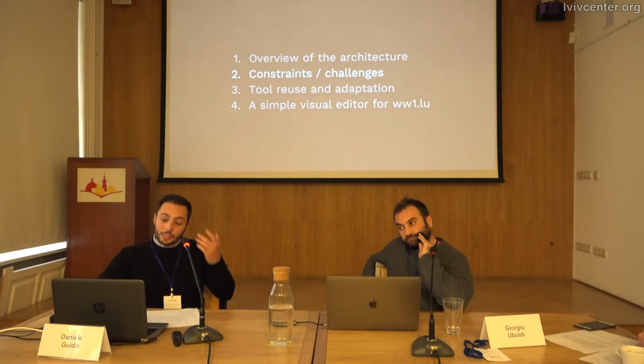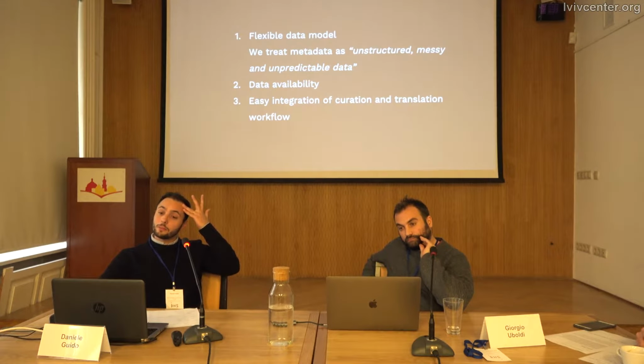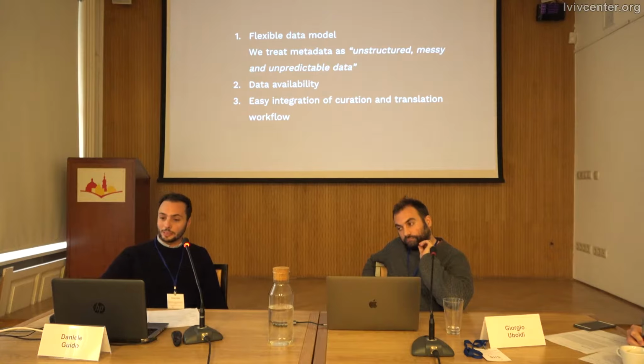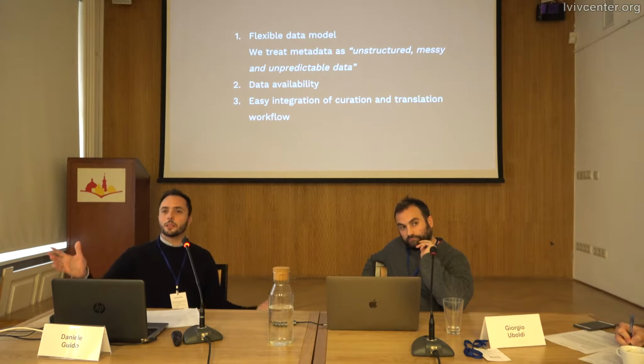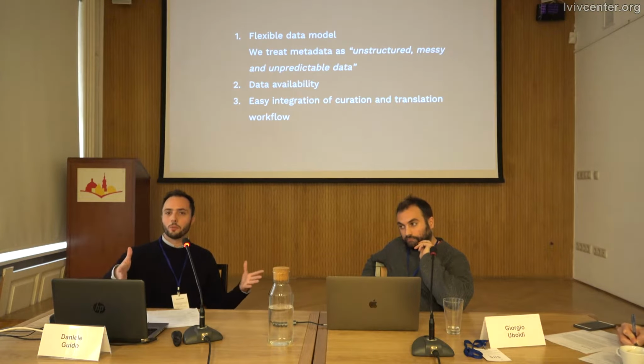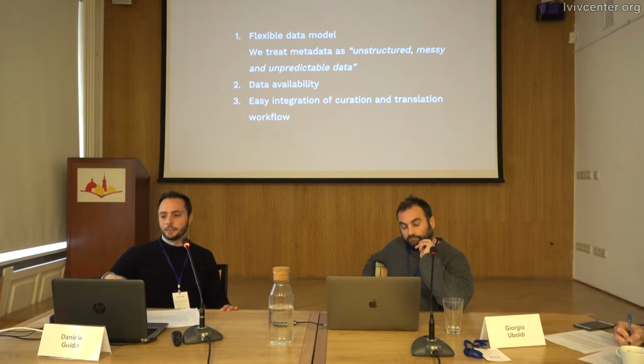Then constraints. We have three kinds of constraints. We wanted not to have a fixed data model, so that we can put whatever we want into it. This is taken from the NoSQL database.